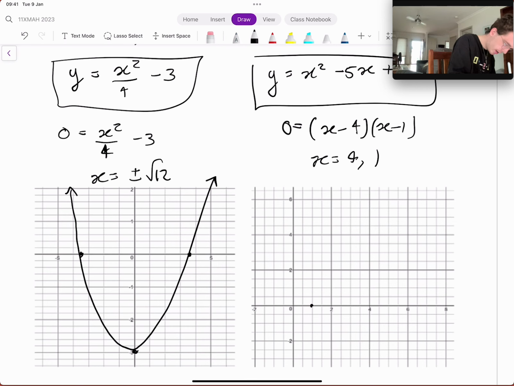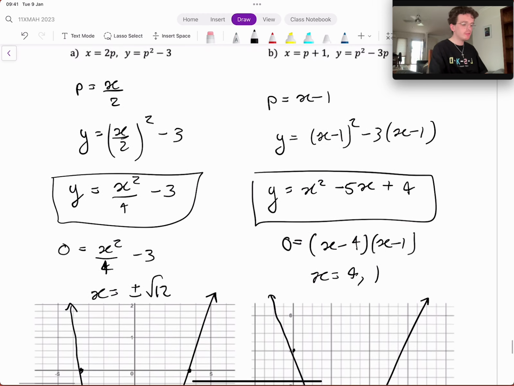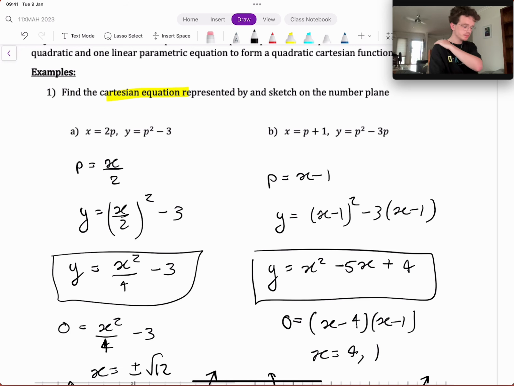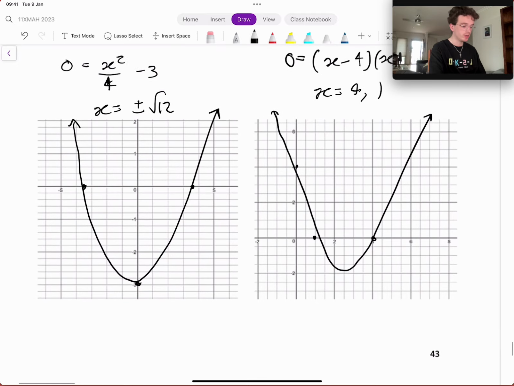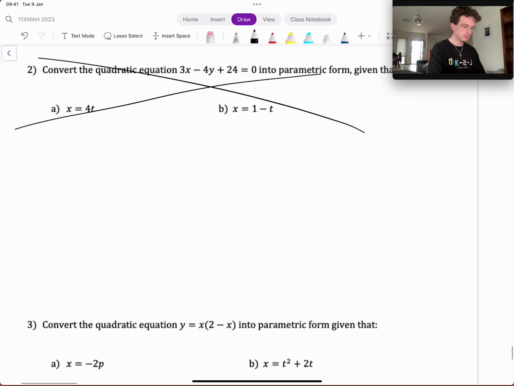So 1, 4, and we have a y-intercept of 4. So again, we can't graph, or I guess we could graph those two parametric equations, but generally when we're asked to graph a pair of parametric equations, we first need to find a Cartesian equation, and then we can graph it. We already did that one, so I don't know why it's there again.